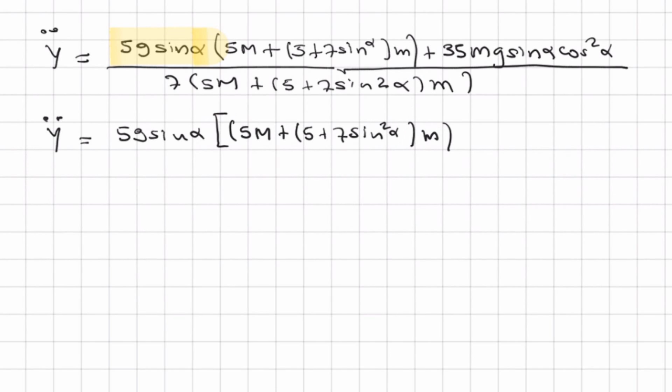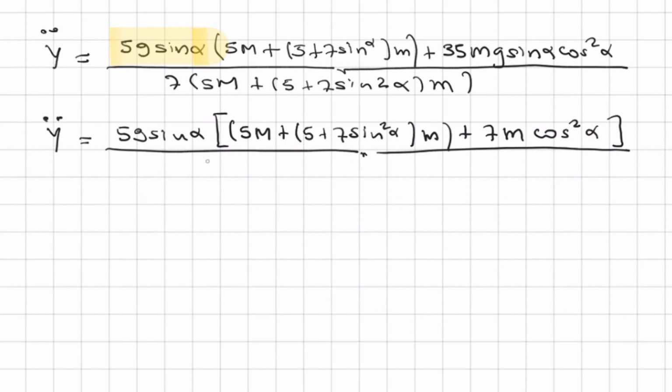Because I took the common factor out, the result here is going to be 7m cosine square of alpha. All this is multiplying the same 7 phi m plus 5 plus 7 sine square of alpha m.